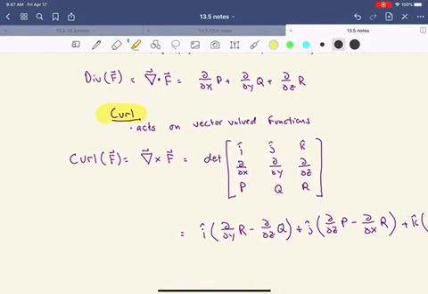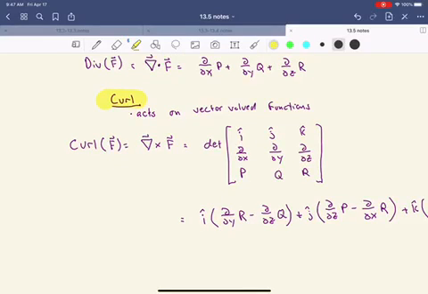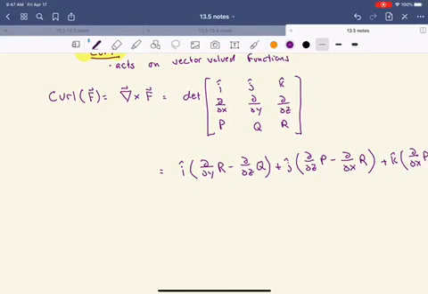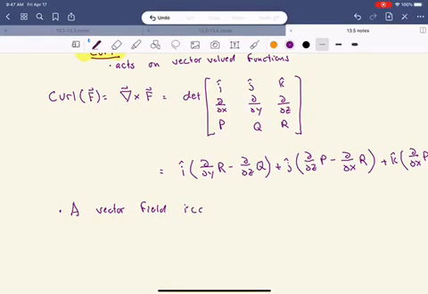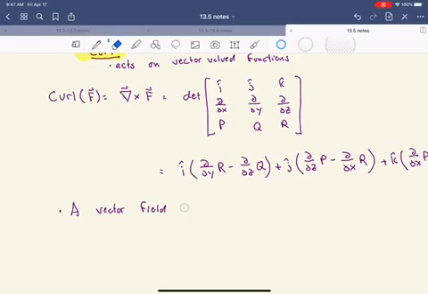Okay, now there's a nice little theorem. A vector field is conservative if the curl is 0.